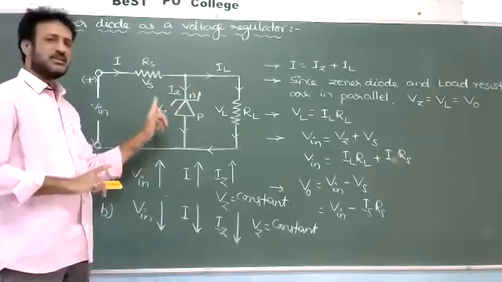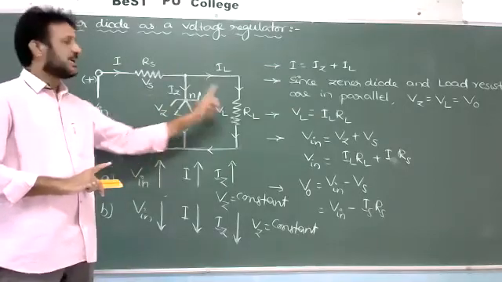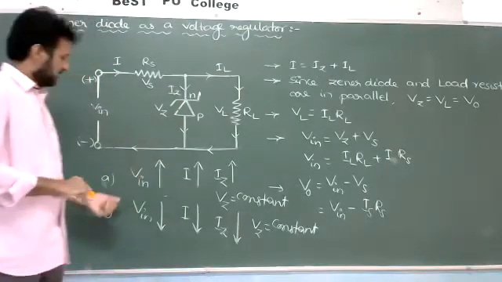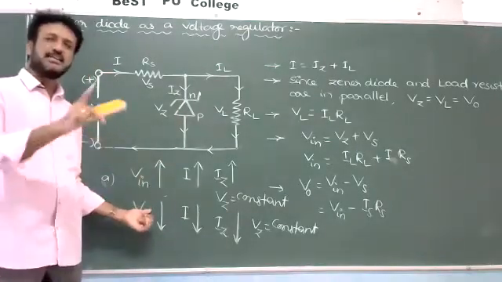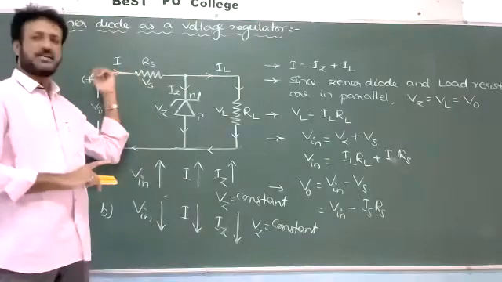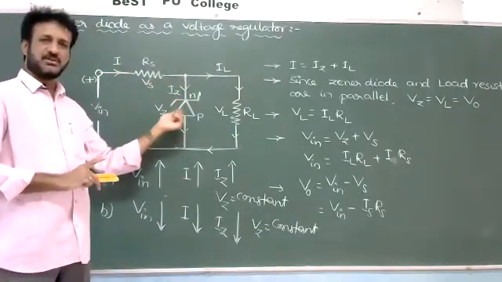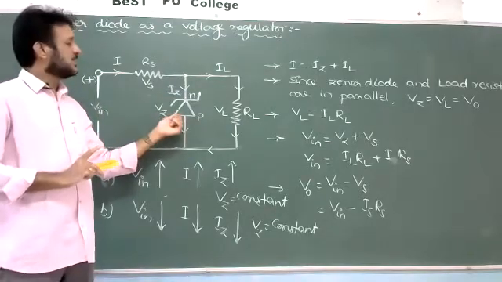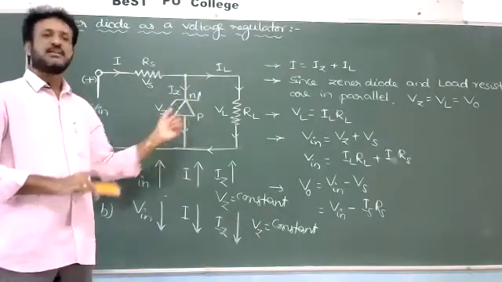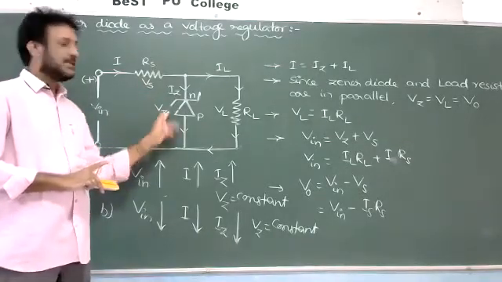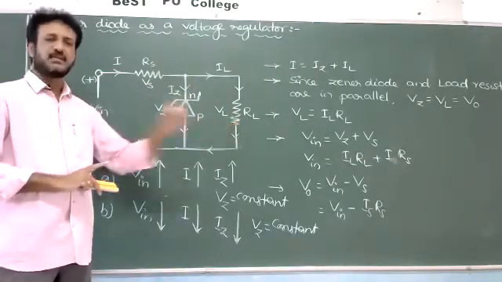The same constant voltage can be taken across the load resistance as output. Now, when the input line voltage suddenly decreases, the current flowing through the circuit also decreases. The current through the Zener diode also decreases, but the voltage across the Zener diode remains constant. So the same constant voltage can be taken across the load resistance as output.